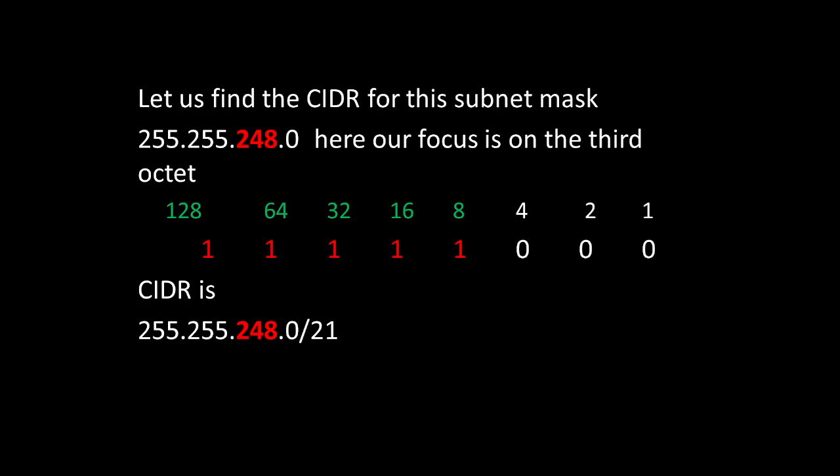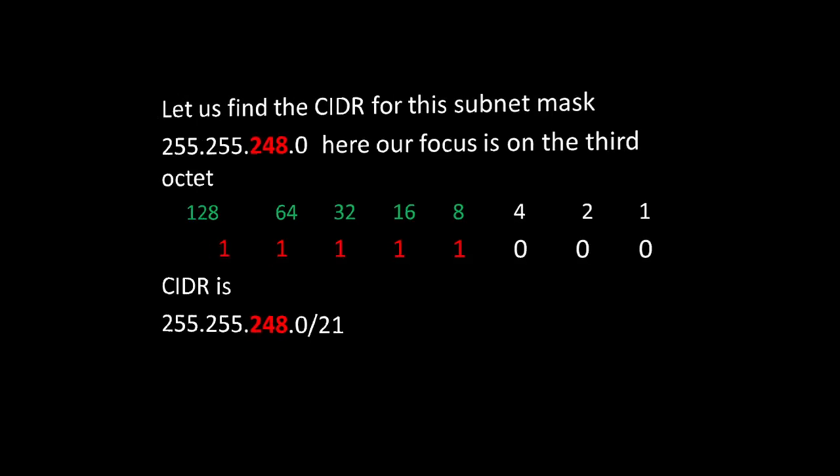That's why we have a /21. So the CIDR for this subnet mask is /21. I hope it's making sense, but let's look at another example.